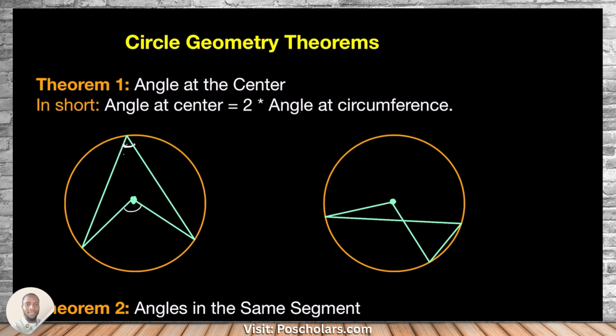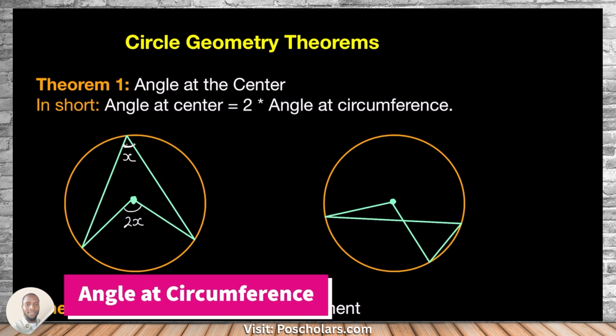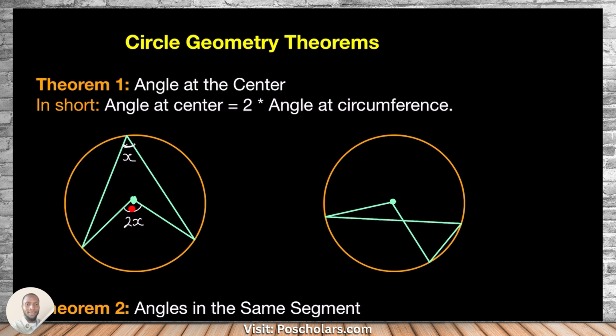That means if the angle at circumference is x, then the angle at center is going to be what? 2x. Now the question that comes to your mind is, how do I know that this is the one? Now the trick is this. You look for the arc combining both angles subtended at center and angles subtended at what?